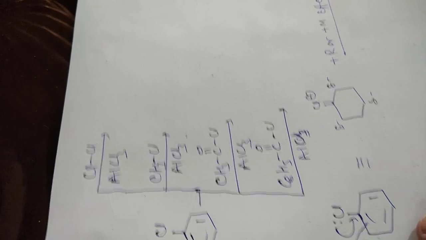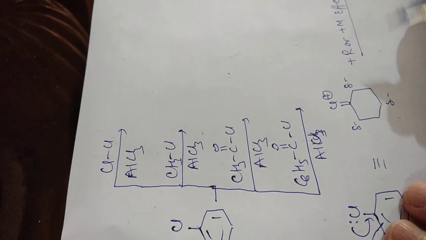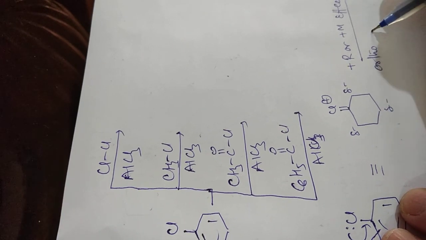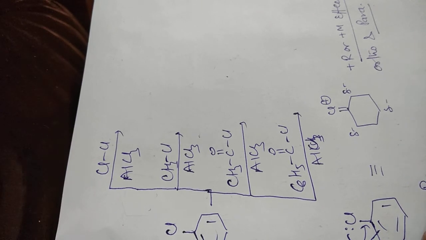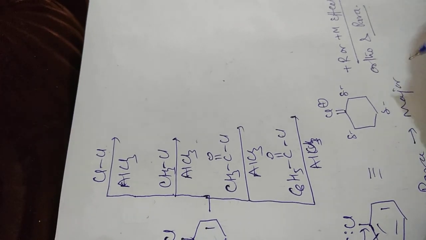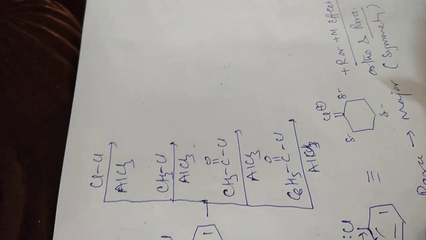Due to plus R or plus M effect, two products will form. That means one product will be ortho and another product will be para. And the para product will be the major one. Due to symmetry, it will be the major product.